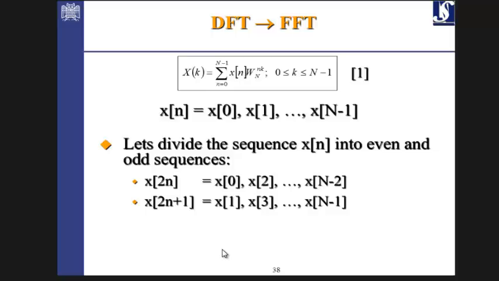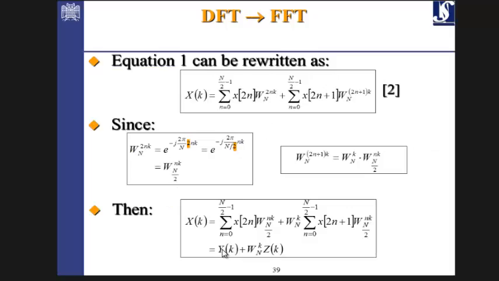So if you just permute the samples of the signal in such a way that every odd sample is in one set and even samples in another set, and then restructure everything to implement the DFT, then you will come up with the radix-2 FFT implementation.